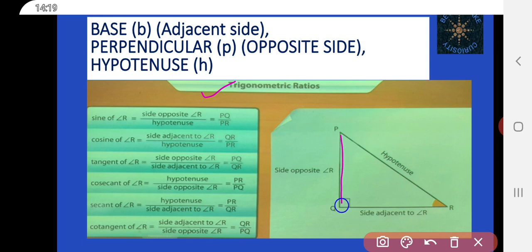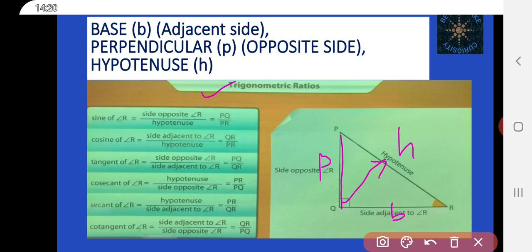So it is a right angle triangle, so opposite means perpendicular, and PR, that is opposite to the right angle, that is your hypotenuse, and QR is your base. Okay, so now you see here 6 trigonometrical ratios, you must remember these.